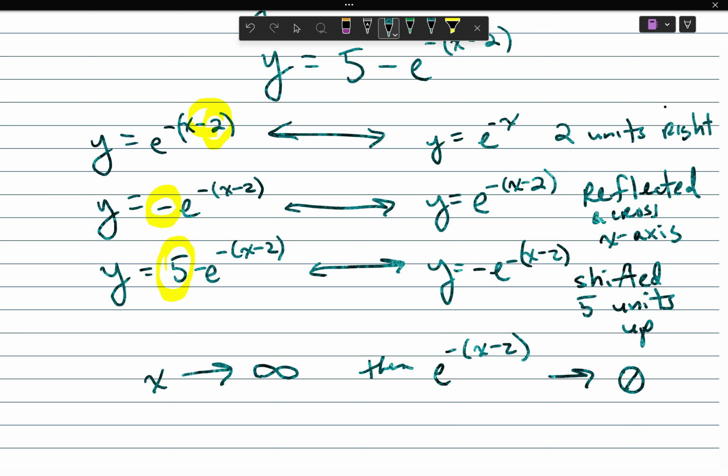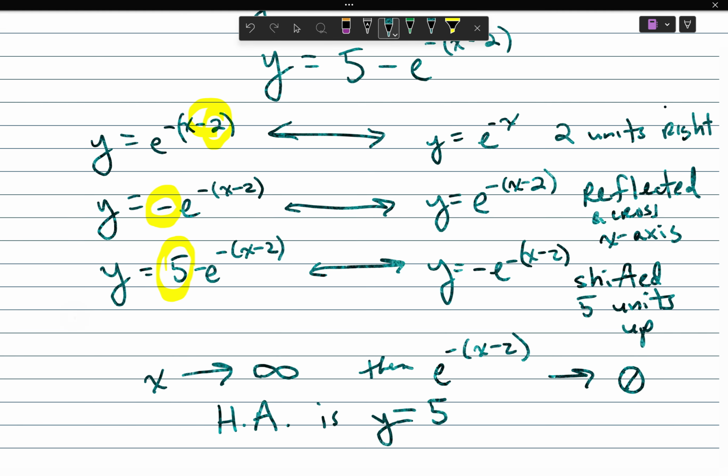As x gets larger and larger, that whole function approaches 0. It's getting smaller and smaller. So therefore, the horizontal asymptote, I'll abbreviate it with HA, is y is equal to 5.